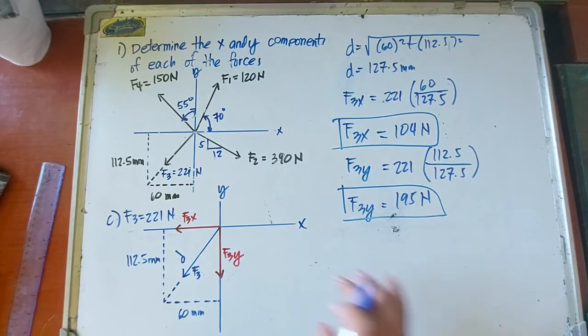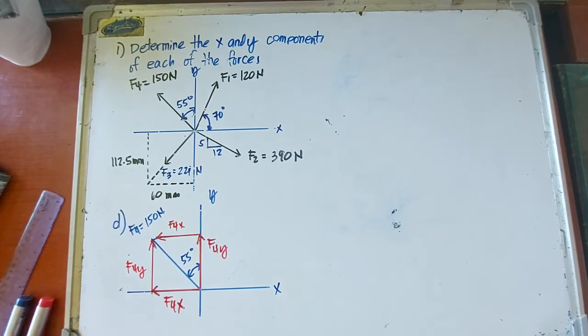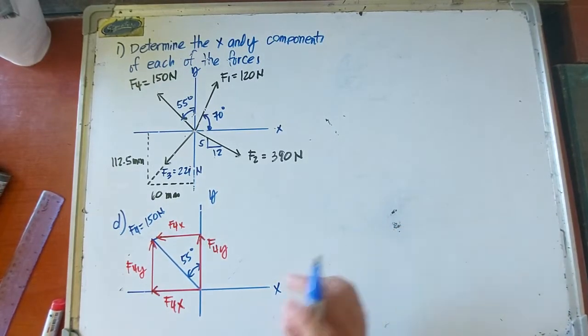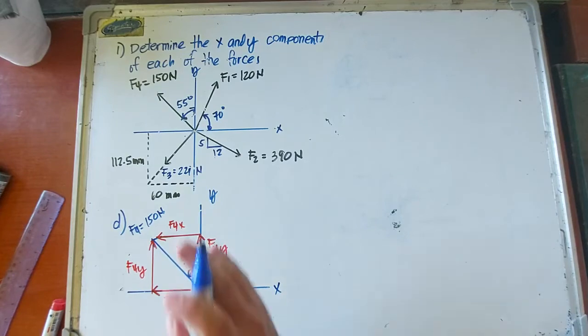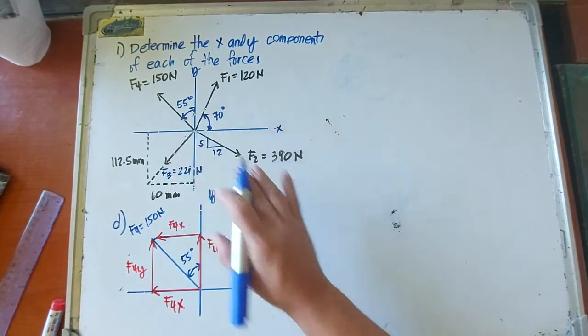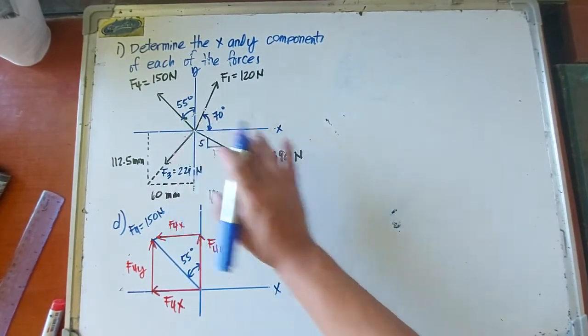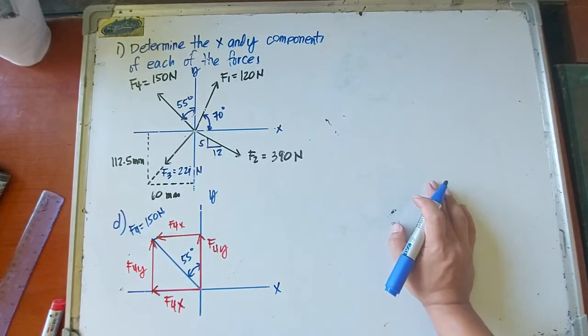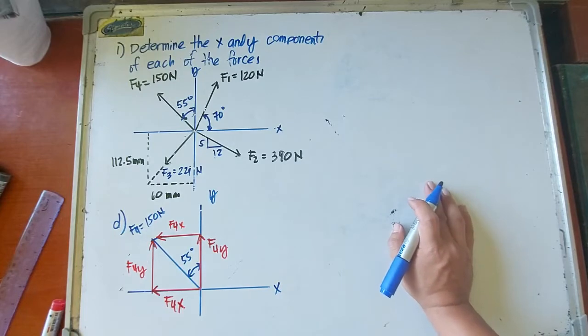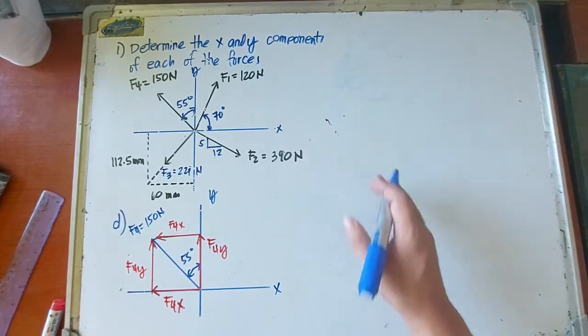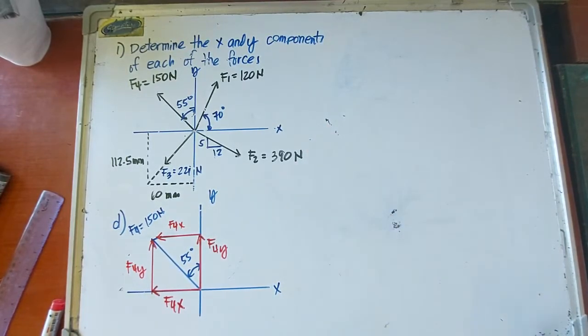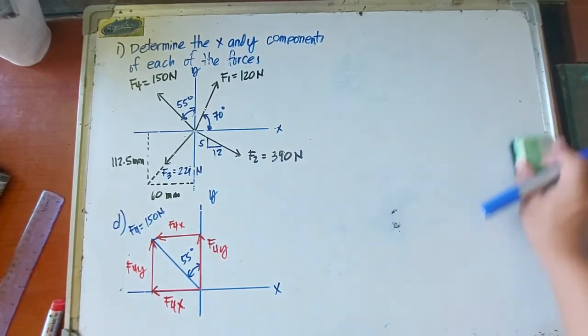Okay, last yung component ng F4 along X and Y axis. So letter D. Sa case ng letter D, the direction of F4 or the angle is measured from the y-axis. So our initial derivation before sa formula natin to solve for the components would be different.